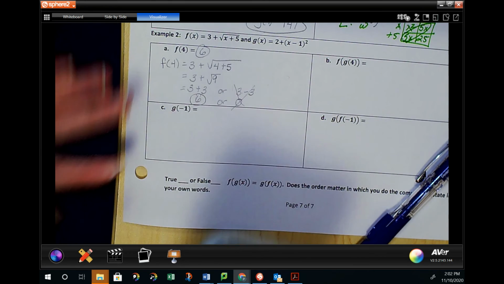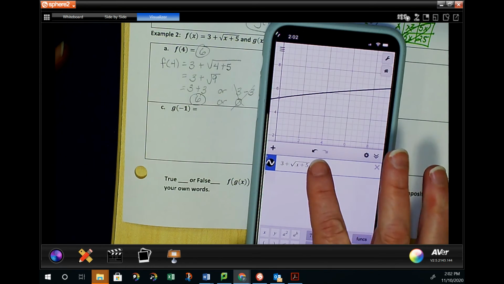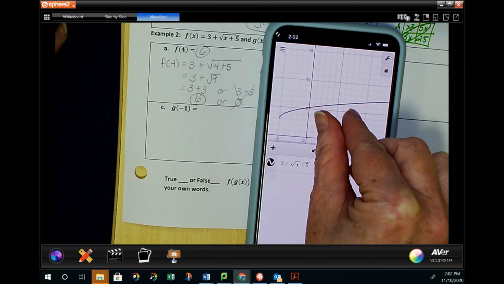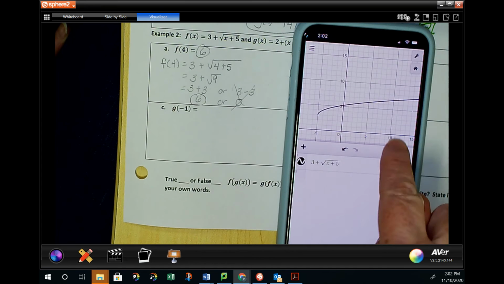Because square root functions are kind of funny, all I did was go 3 plus, and then you have square root, and then x plus 5. And then I get this, and the question is asking, when does this equal 4?